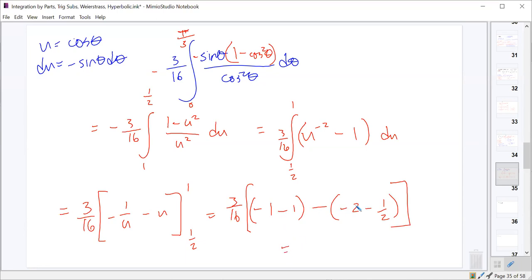Let's see, negative 2 plus 2 will cancel out, right? And then we have negative 1/2, which is 1/2. So we have 1/2 of 3/16, which is 3 over 32. Good or no? Any questions there? Any issues there?